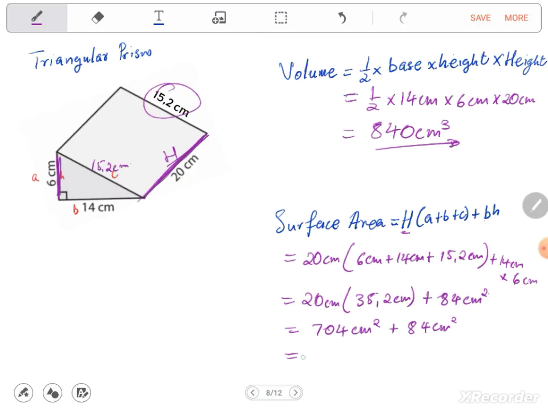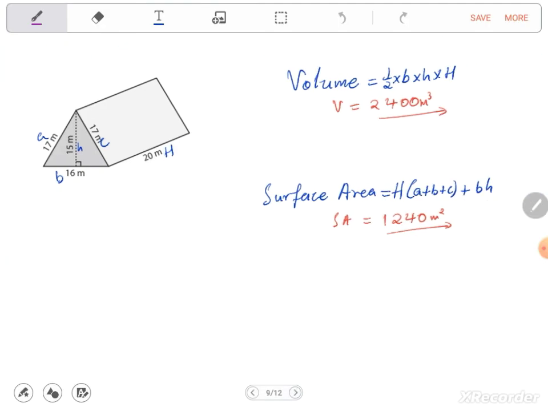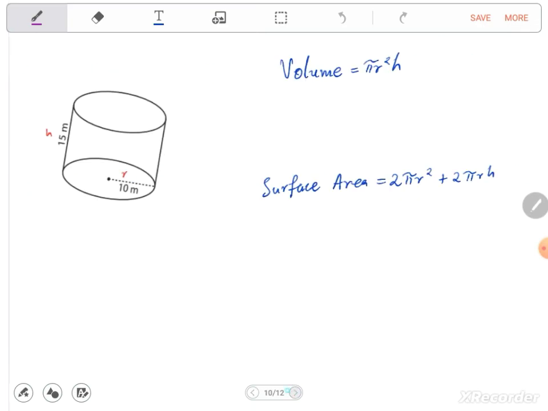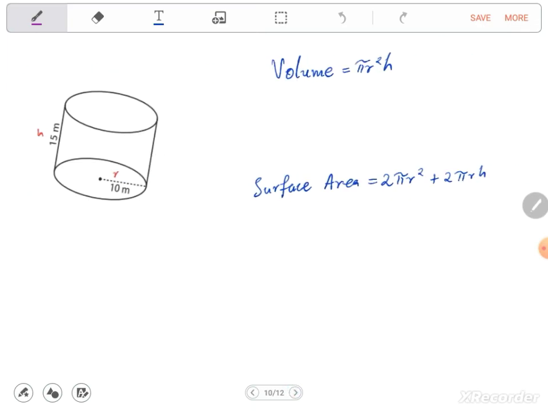So the answer in total will be 788 centimeters squared. I hope this makes a bit of sense to you. Now the next one, I want you to pause the video and try it for yourself. If you have finished that, then you can continue to the next one, where we are looking at the cylinder.